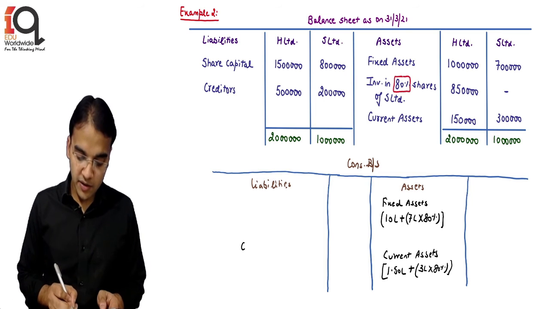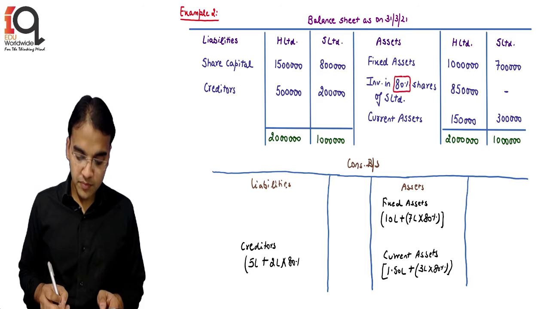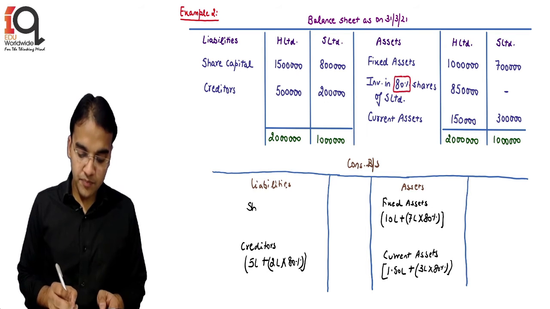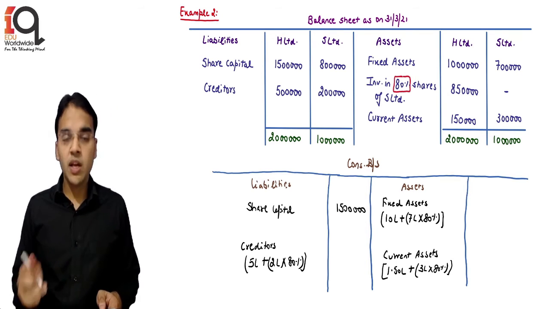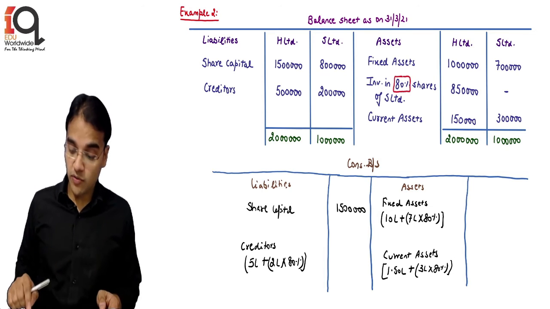Then here would be creditors, that is 5 lakh plus 2 lakh into 80%. The share capital will obviously be 15 lakh, student, of the holding company. And then we have to find out the cost of control as well.